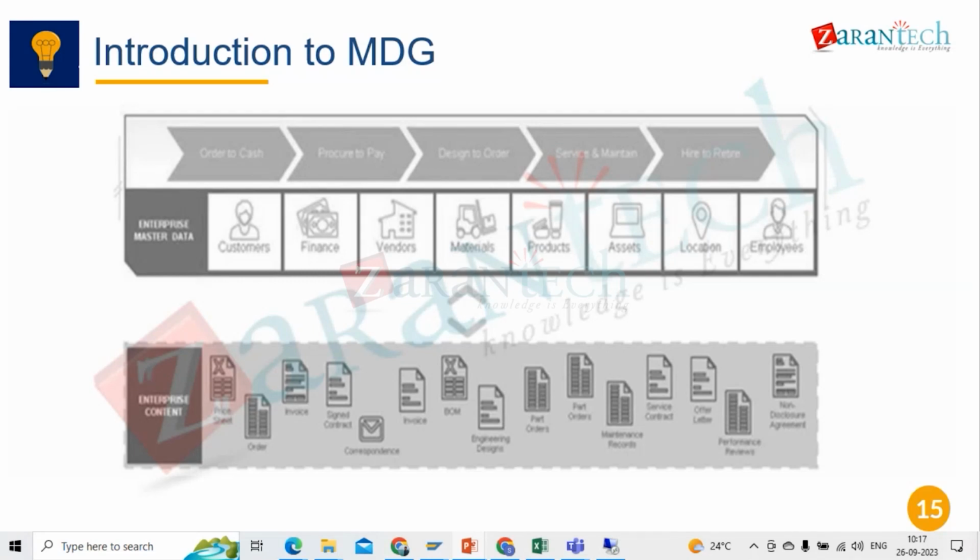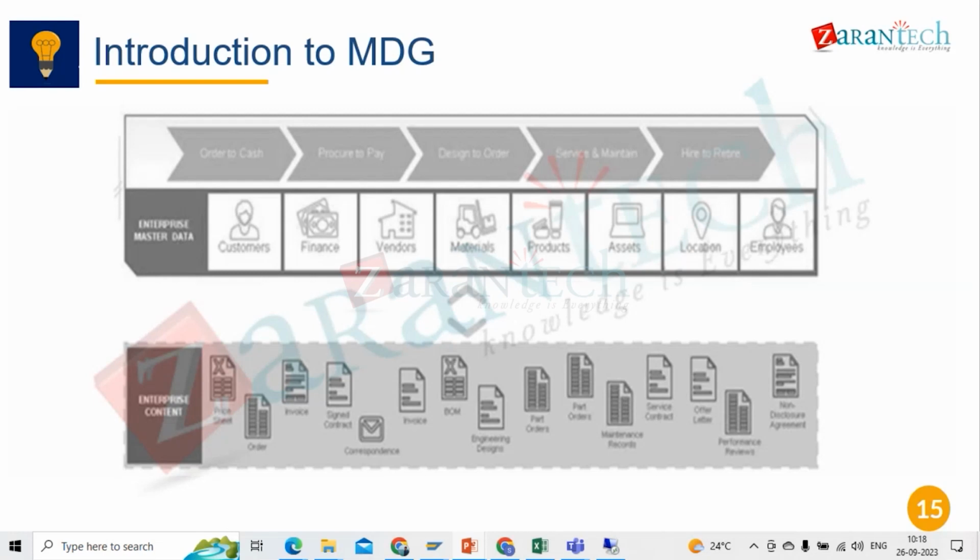Either you can see here the fields are hidden. Whether you are going to perform order to cash, procure to pay, design to order, or service and maintain, I'm not able to see that properly.